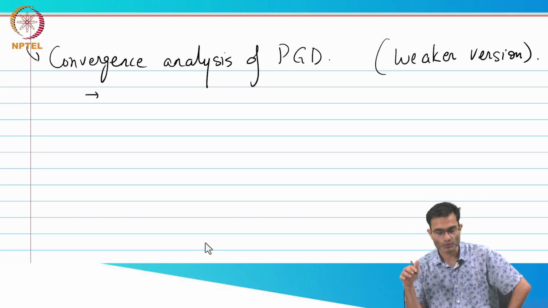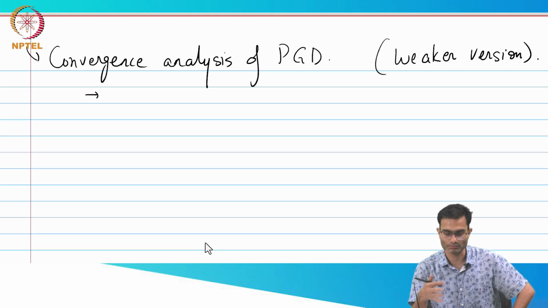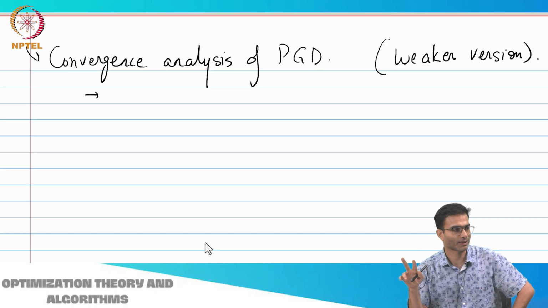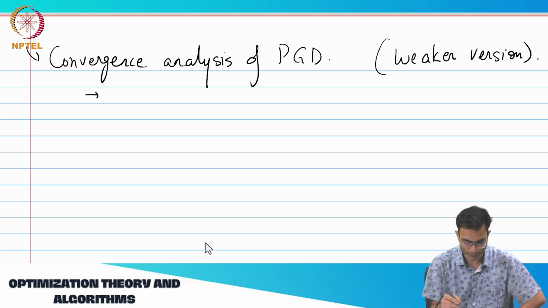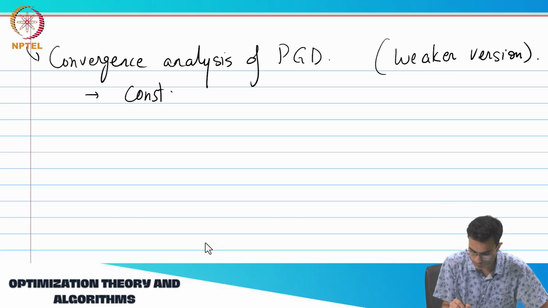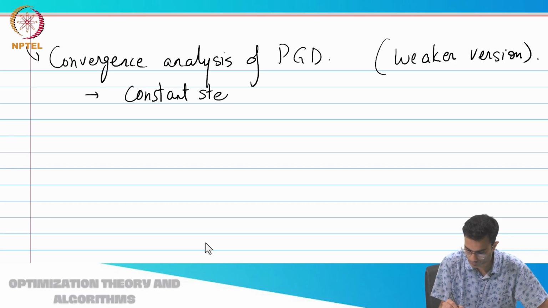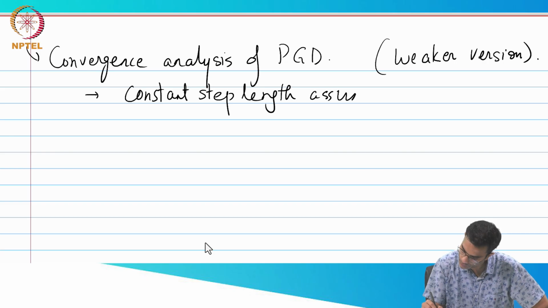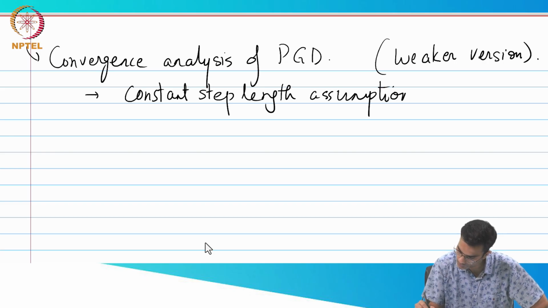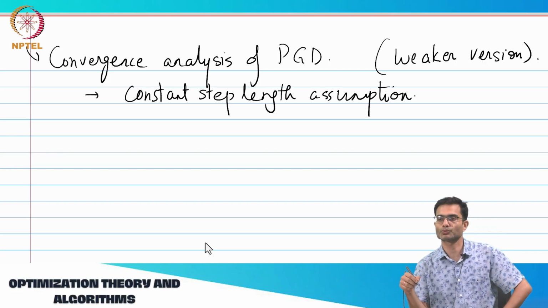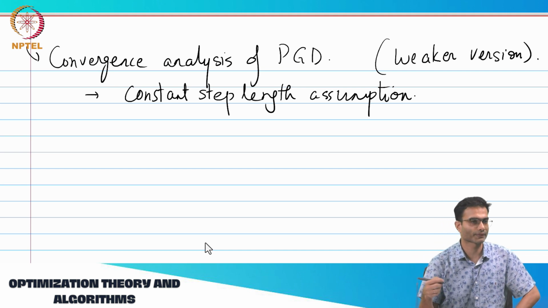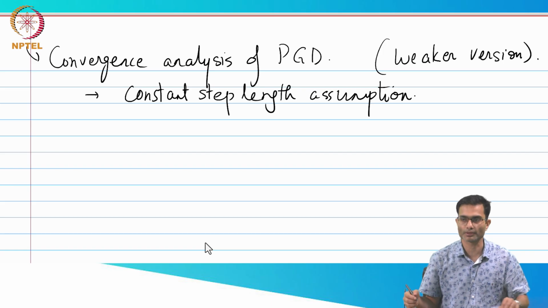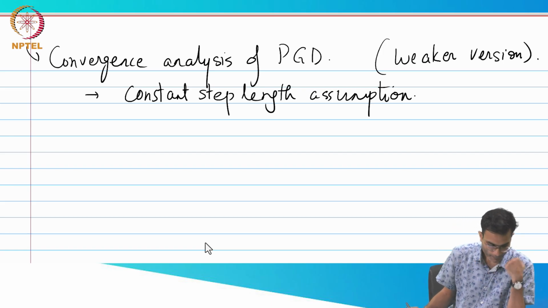So to make this analysis a little bit simpler, I'm going to start with constant step length. That's the assumption we'll make. By the way, in the literature, you will find proofs for all flavors of it, backtracking, Wolfe conditions, and so on, but the proofs are more involved.